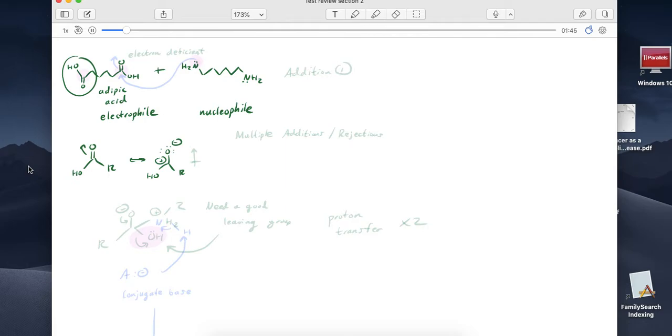So basically, either one of these two carbons are electron deficient. And this resonance structure I drew down here helps to explain that there is a charge difference, positive to negative.